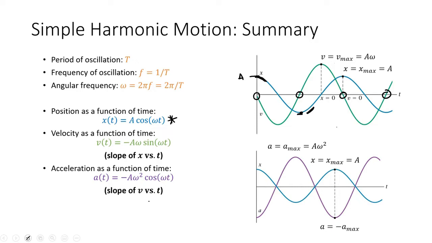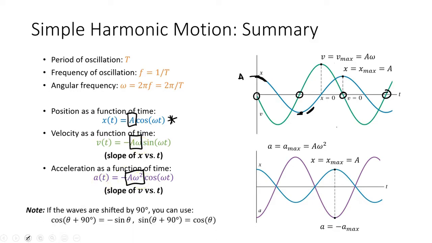And so the magnitude of whatever is out in front of each of those functions tells you the maximum value you could get. So x max is going to be A, v max is going to be A omega, and a max is going to be A omega squared.